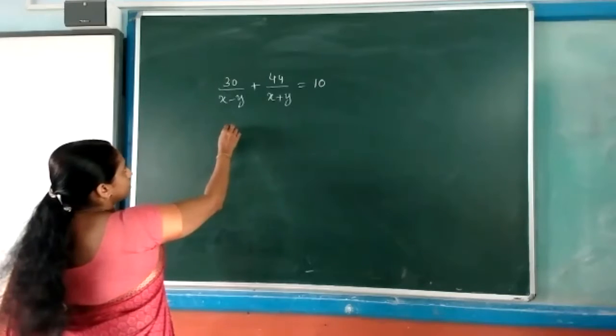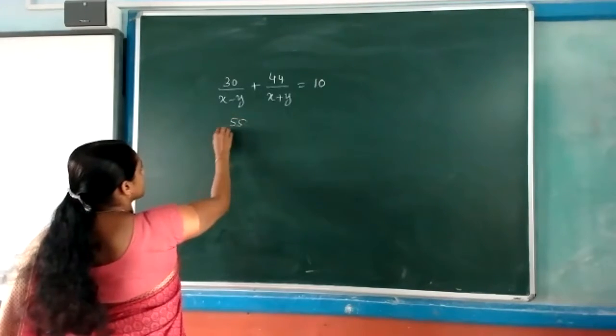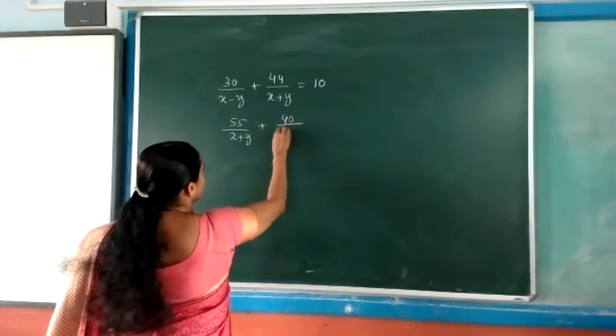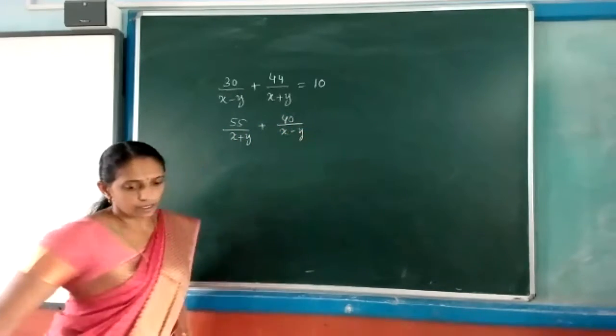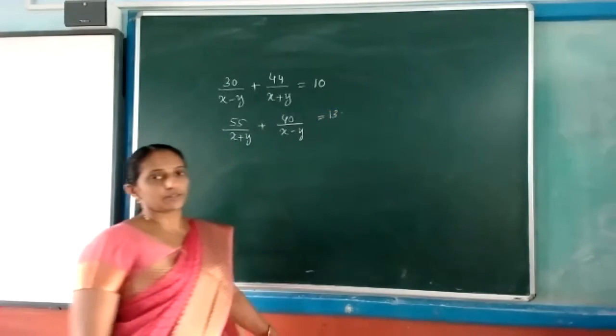And 55 upon x plus y plus 40 upon x minus y is equal to 13. Solve the system of equations.